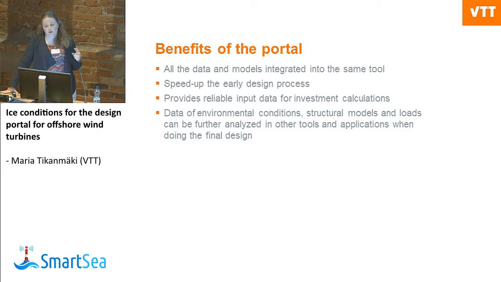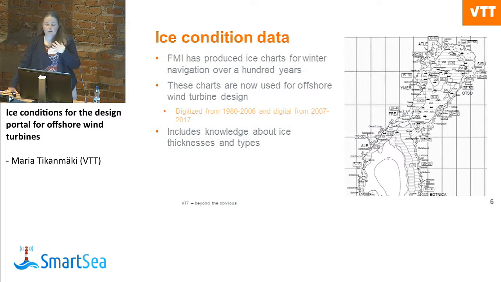The ice condition data we are using is based on the Finnish Meteorological Institute's ice charts, which they have been producing for over 100 years, and which have been used for winter navigation. As you can see, there's this map on the right hand side with estimations of how thick the ice has been somewhere on that particular day and what kind of ice types there have been.